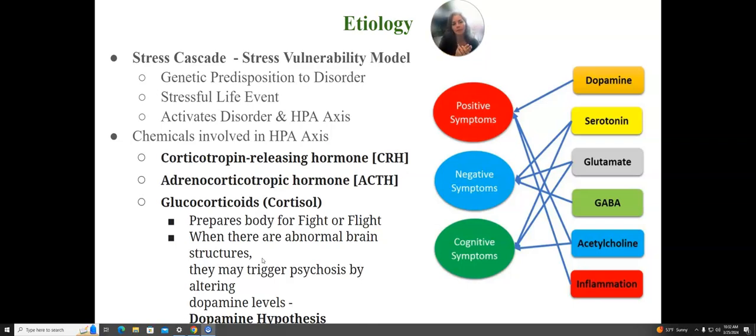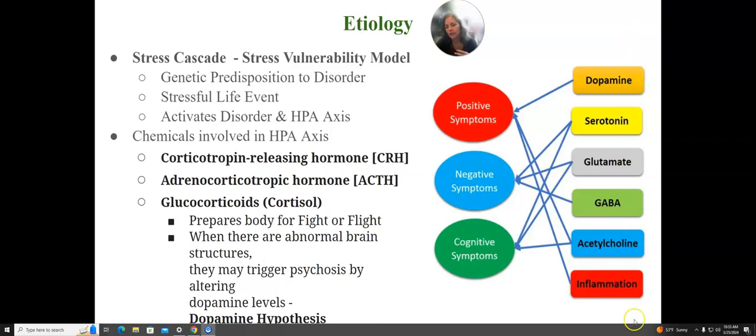And the dopamine hypothesis, although research is suggesting that the dopamine hypothesis alone is probably not a great explanation for schizophrenia, that there are likely other neurotransmitters involved. But when you have excess levels, it can be problematic, and lower levels can be problematic as well. And so, more research to come.